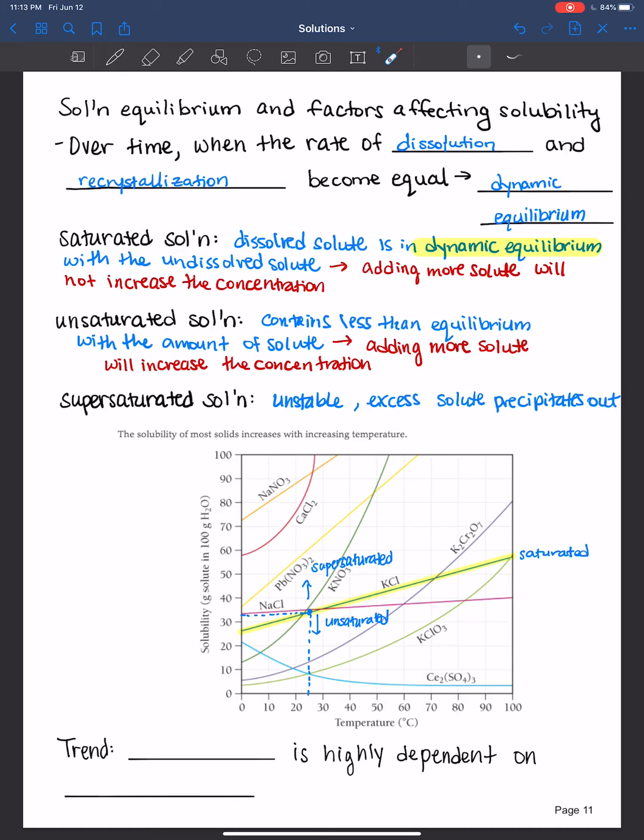So the trend then, let's summarize that. Remember, we're always trying to think of structure-property relationships that we can gain from looking at data. So the trend here, and this is for a solid solute, I should also highlight, because we're about to discuss gases. So discussing solid solutes, solubility is highly dependent on temperature.